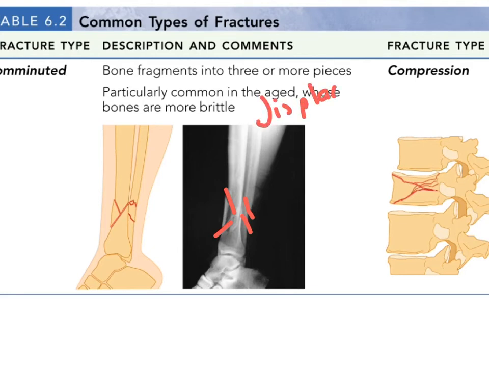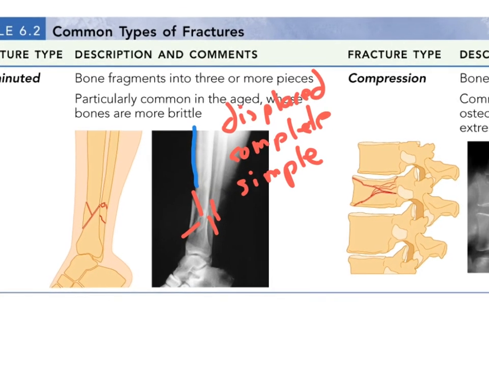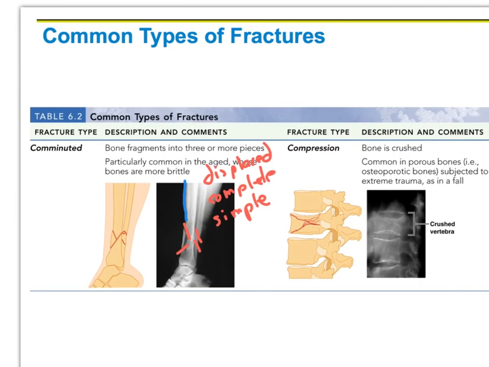If it's displaced even a millimeter from its normal outline, from the normal line of the bone, then it's a displaced fracture. This is a complete fracture. You have multiple fragments. And in appearance, which is a judgment call based on an x-ray because you can't see the skin on an x-ray, I would say this is a simple fracture. Compression we're eliminating.